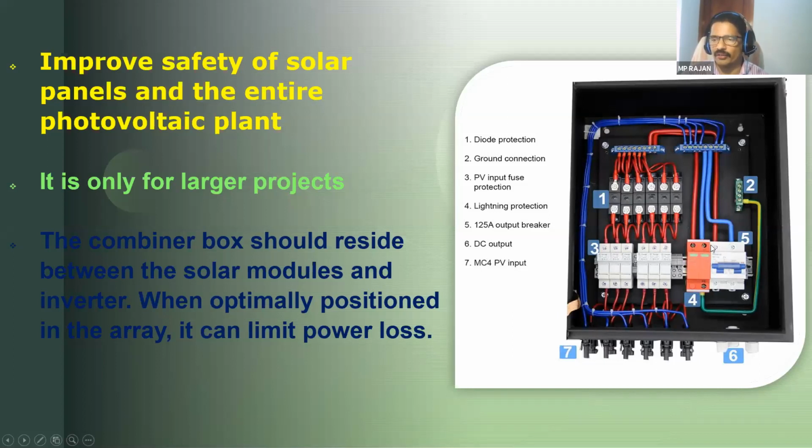From the lightning protection, again it is connected to the output circuit breaker. You can see number 5, the 125 ampere circuit breaker. This is the main circuit breaker. From this, you can get the output. The sixth one is the DC output. So 7 is the DC input, and the 6th one is the DC output. So please note, both input and output are DC only. So this is the AJB.